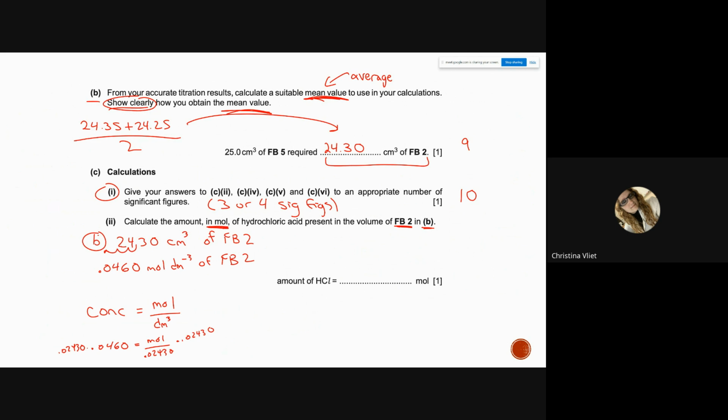Multiply 0.02430 times 0.0460. And how many significant figures does Cambridge accept? 3 or 4. So double check my math. I did it earlier today. I got 0.001118.